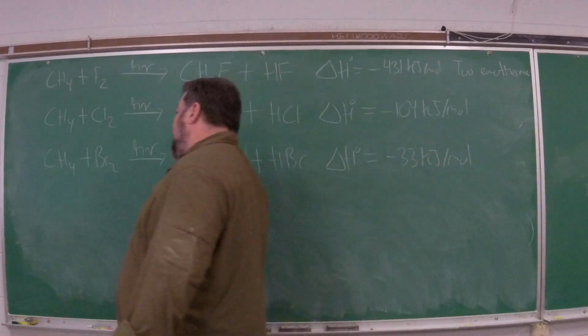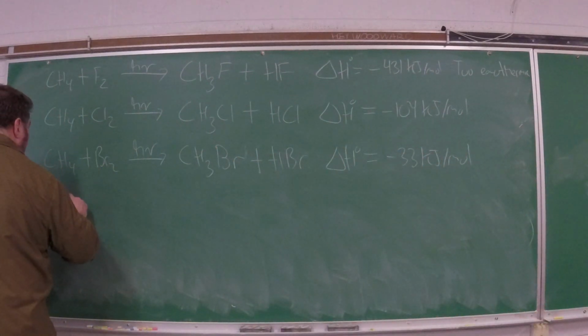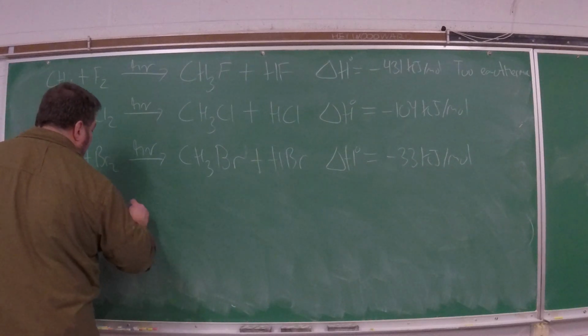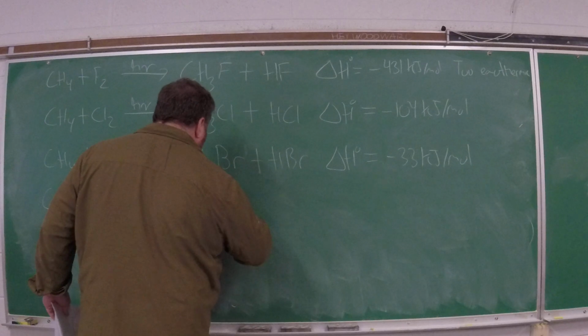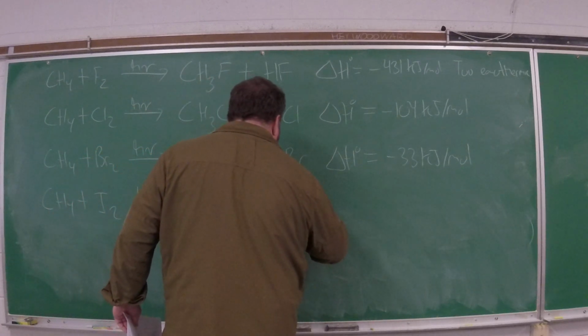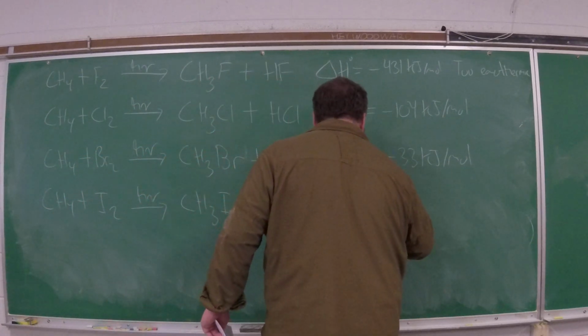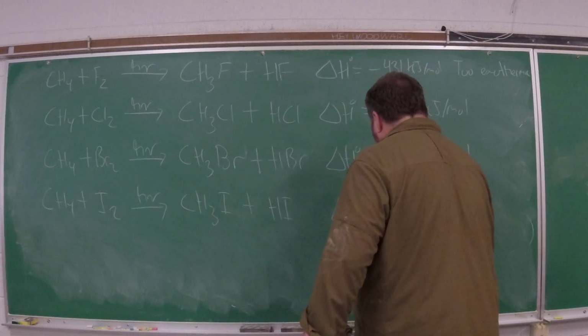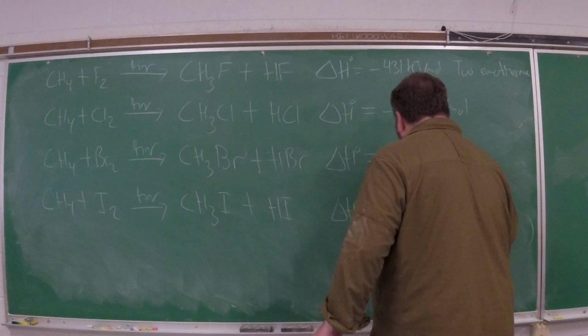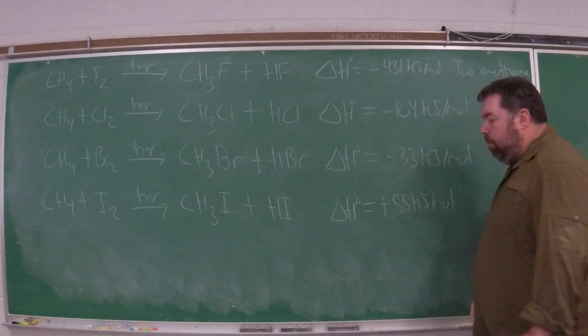Let's take a look for iodine. Here, delta H turns out to be plus 55 kilojoules per mole.